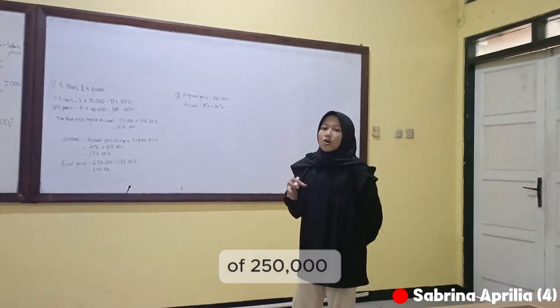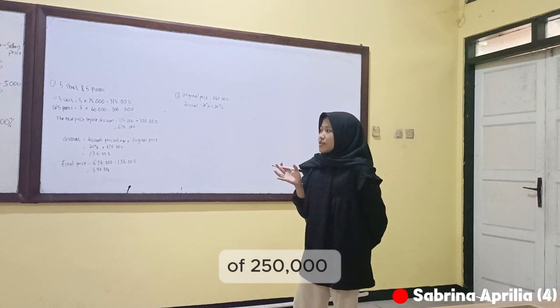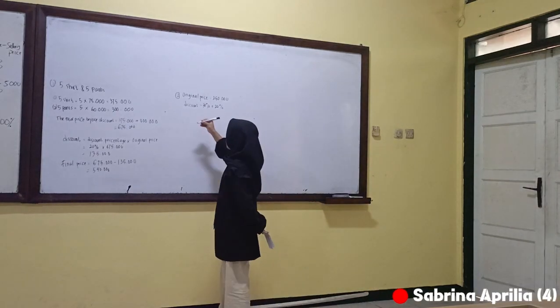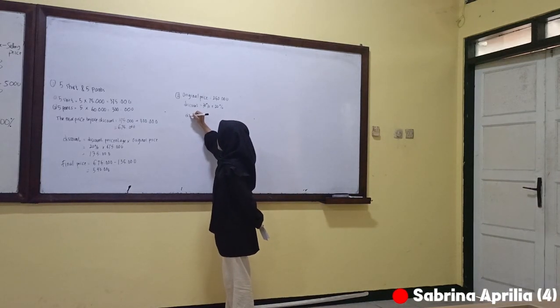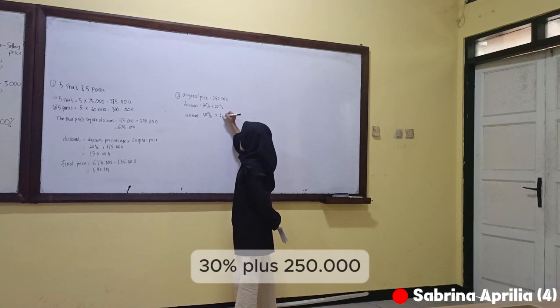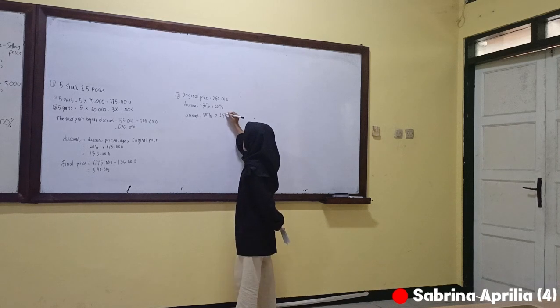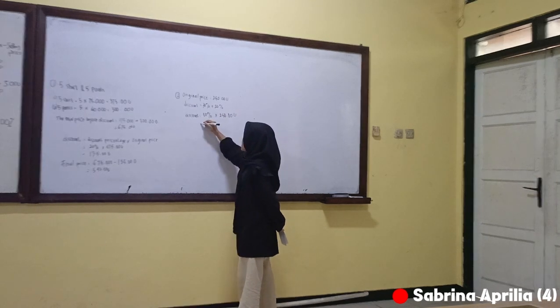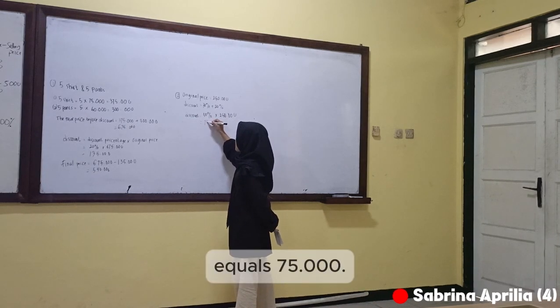Okay. First, we must calculate the 30% discount of 250,000 rupiah. Multiplied by 30% and 250,000 rupiah is equal to 75,000 rupiah.